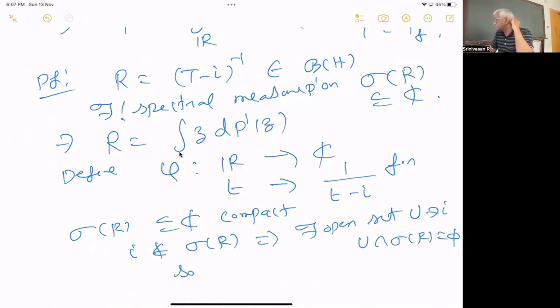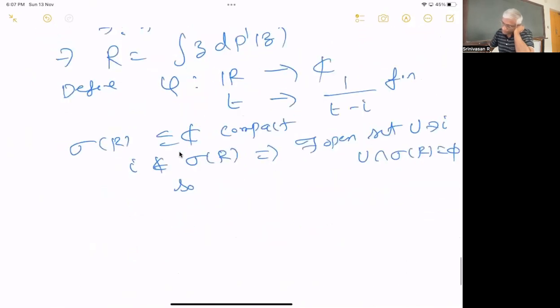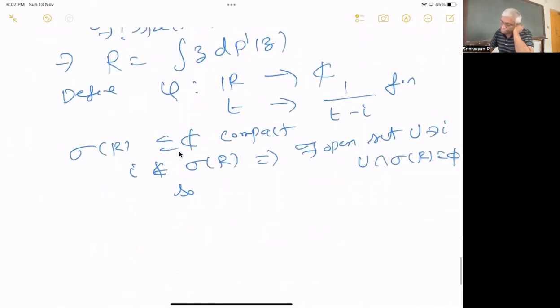The inverse is bounded. What am I trying to do? I want to say that the integral over z. Let me write it clearly and then I will get it. Okay. The integral over z d P prime(z) is what we are having.